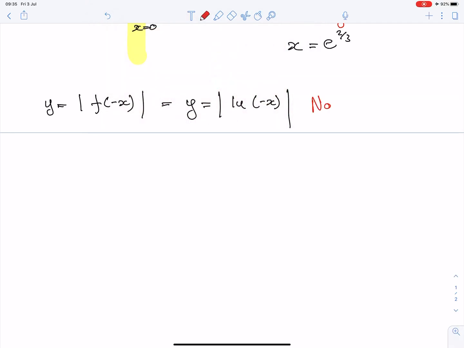No solution, or graph in this case. I think they've made a mistake in the question. I actually think they wanted you to do the modulus, ln of the modulus of x. I don't know what they wanted actually. Anyway, we'll stop there because you can't do that.